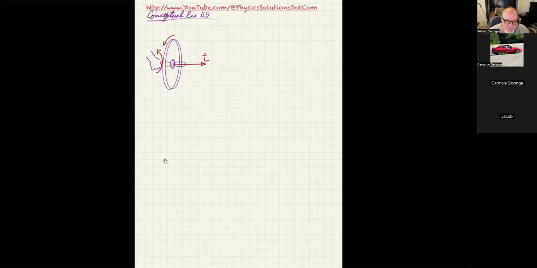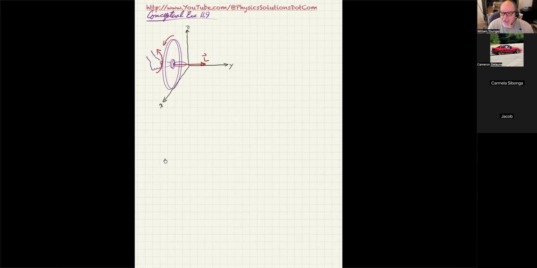Explain. Take the system as the wheel, axle, and the handle. Your hand is external. Okay, so now I can also assign this to a coordinate system. We're going to imagine, for instance, that this is our y-axis, and then coming out of the page is our x-axis, and then vertical, but in the page, is our z-axis.